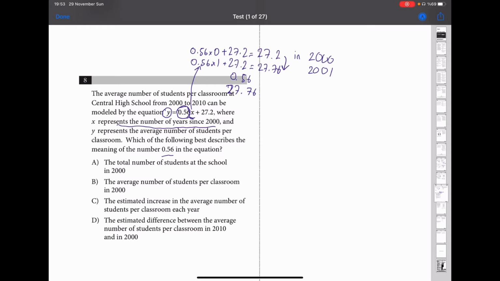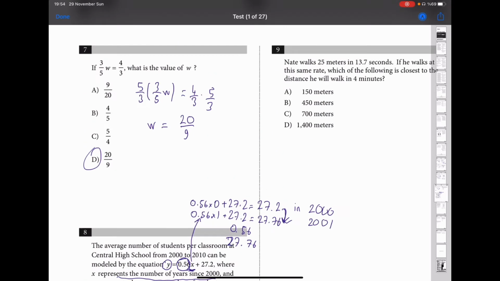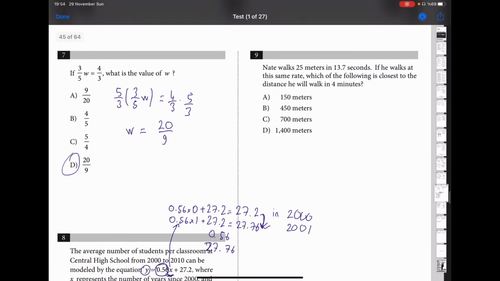Let's find it in the choices. A, the total number of students at school. No, not total. The average number of students per classroom in 2000. No, it's a generalized formula for different years. The estimated increase in the average number of students per classroom each year. Yes, indeed. The number 0.56 represents the increase in the average number of students per classroom each year, as I showed earlier.